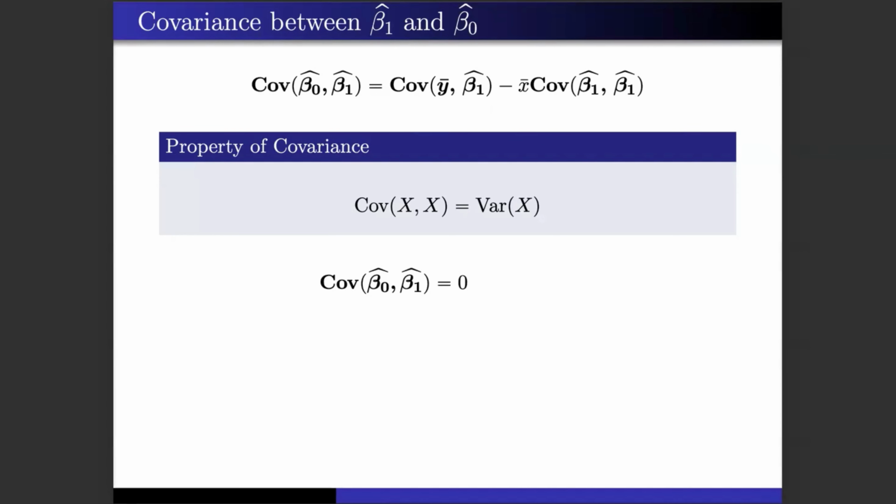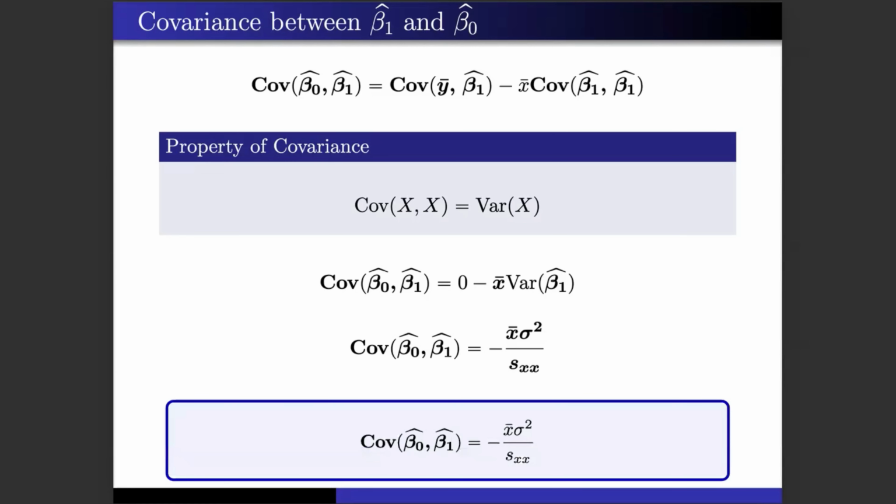And then we have the second term minus x bar, which we would write as it is, and then we have covariance of beta 1 hat comma beta 1 hat, which is further equal to variance of beta 1 hat. And we have already estimated variance of beta 1 hat, which is equal to sigma square divided by Sxx.